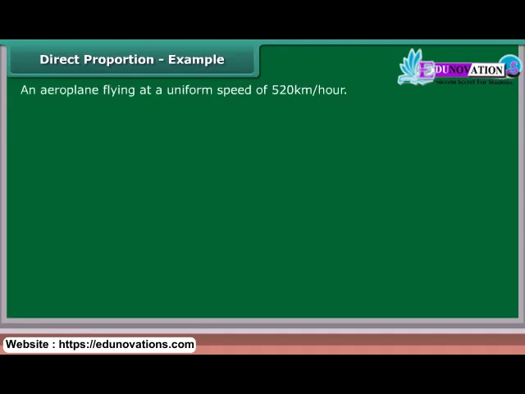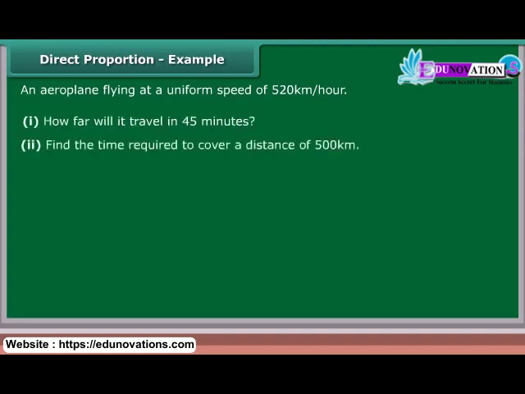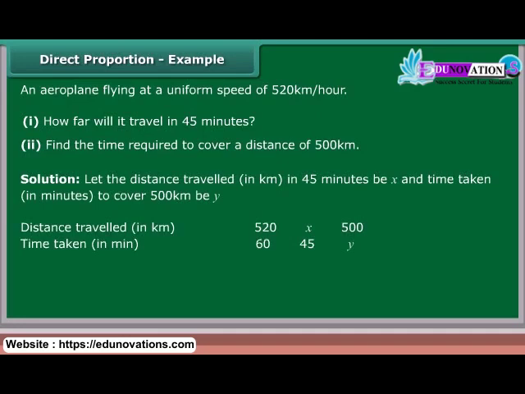Example: an airplane is flying at a uniform speed of 520 km per hour. How far will it travel in 45 minutes? Also find the time required to cover a distance of 500 kilometers. Solution: let the distance traveled in kilometers in 45 minutes be x and time taken in minutes to cover 500 kilometers be y.